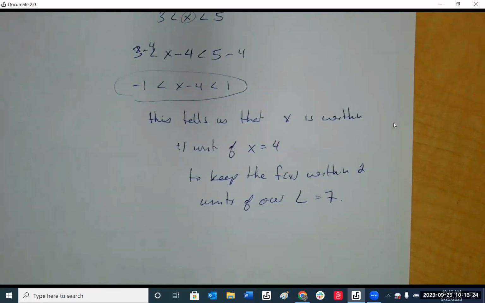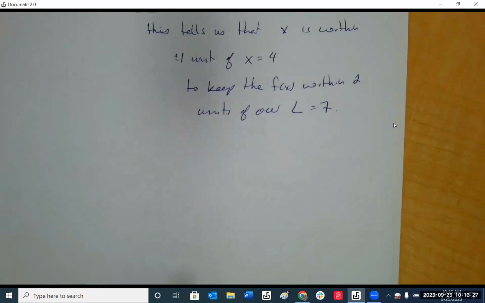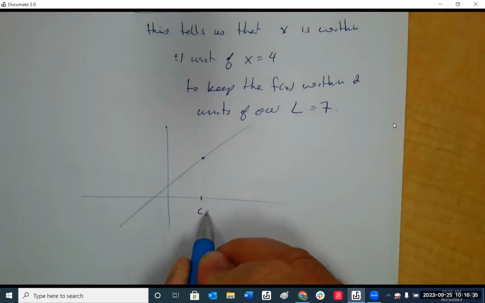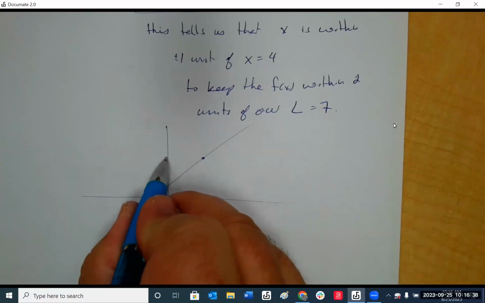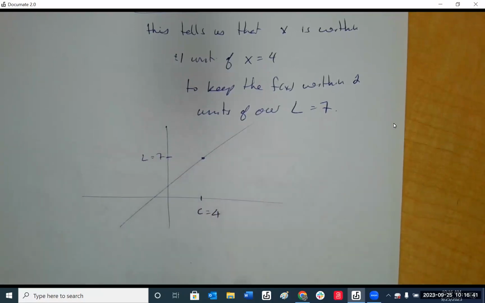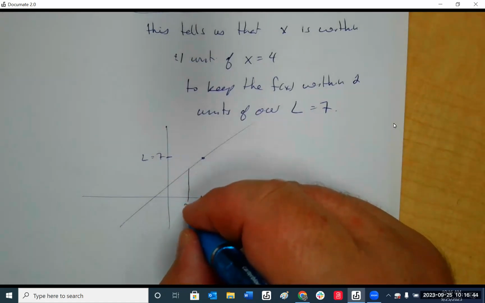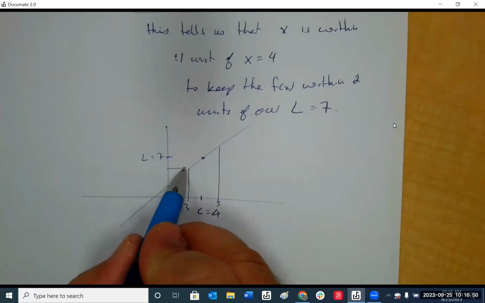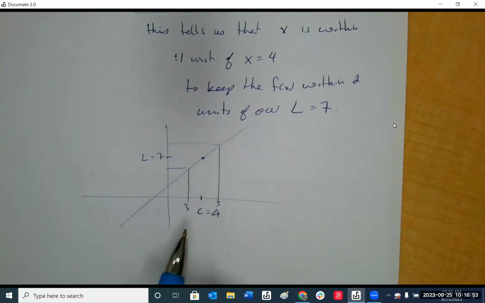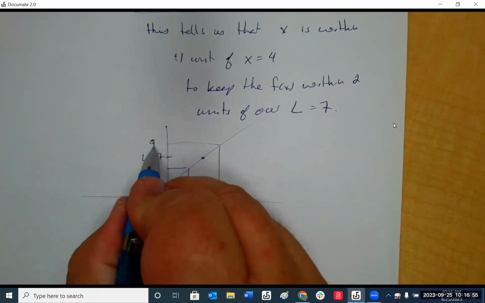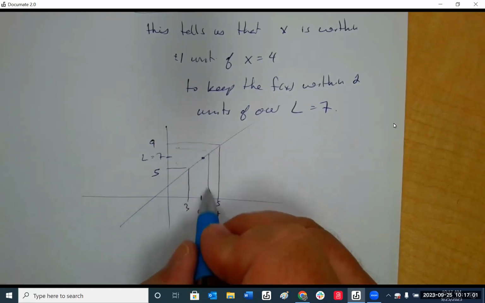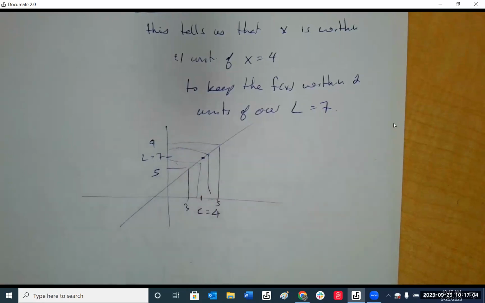All right, so that's what we're looking at here. Again, the epsilon-delta idea: if we look at a linear equation, this is our value c, which is equal to 4. Its limit value is 7. But if we go from 3 to 5 and plug it into our equation, we go from 5 to 9. And as we get closer, our outputs approach the limit.